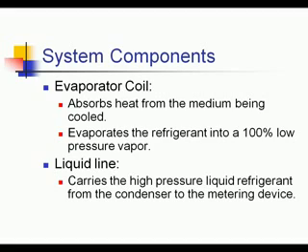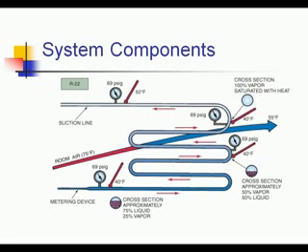Some of the material will also tell you 80-20. Either one is right. Just know that the majority of it is liquid, but it's at a low pressure. The refrigerant on the left, in the high pressure, has a very high boiling point. The refrigerant on the right, at low pressure, has a lower boiling point, which allows the evaporator coil to work.